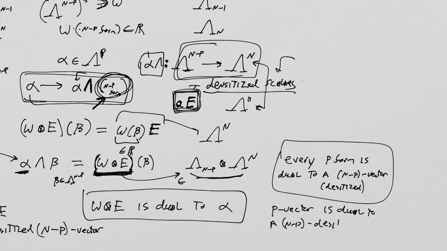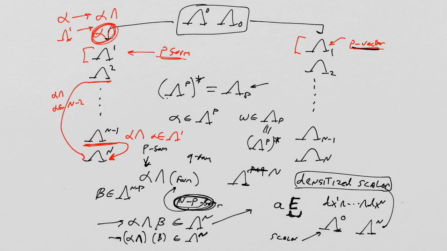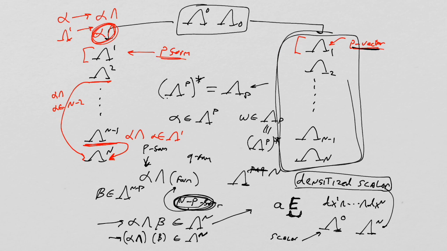I'll call it densitized, whoops, not densitized. So that's the language change. N minus p capacitized form. Capacitized form. Because when we work on this chain here, everything's going to be the same, except everything that's in the up position goes down, and everything in the down position goes up.